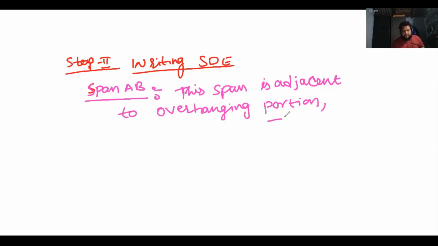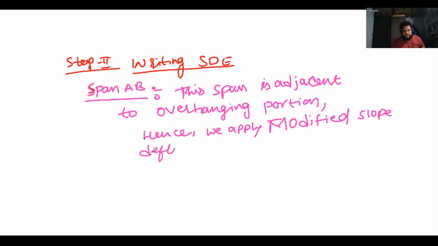You have to apply the modified slope deflection equation. The span is adjacent to the overhanging portion, hence we apply the modified slope deflection equation. Only this span is adjacent to our overhanging portion. Remaining BC and CD are not adjacent, so directly we'll go for our conventional formula. I hope this is clear, right?